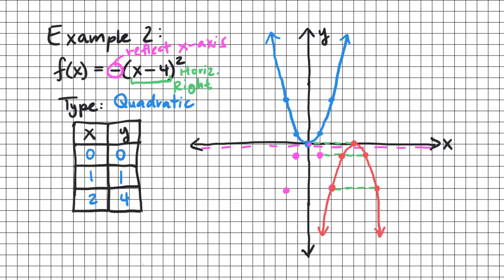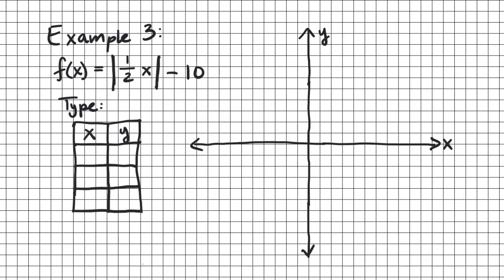Awesome. Let's go to example 3. Example 3 is an absolute value. So that's -1, 1, 0, 0, 1, 1.